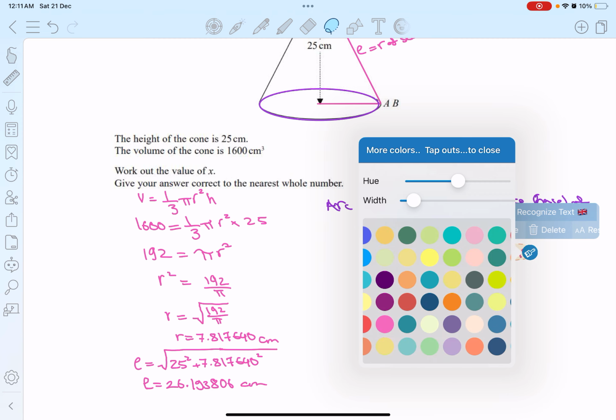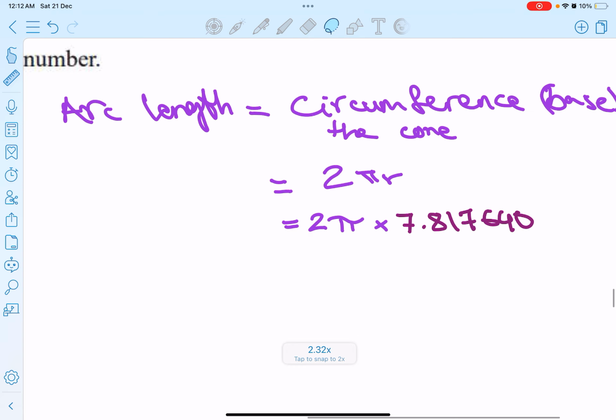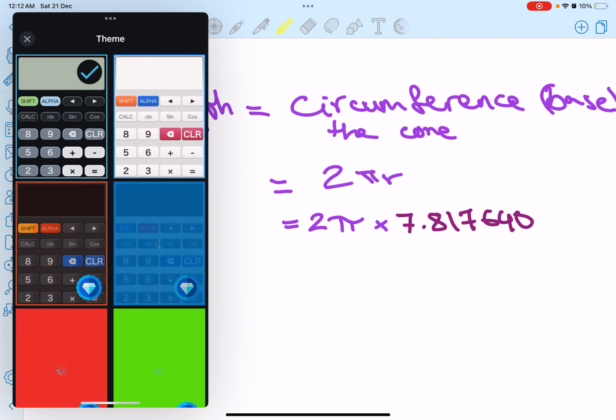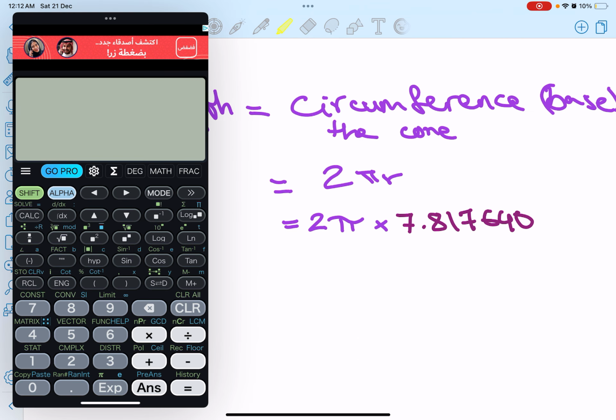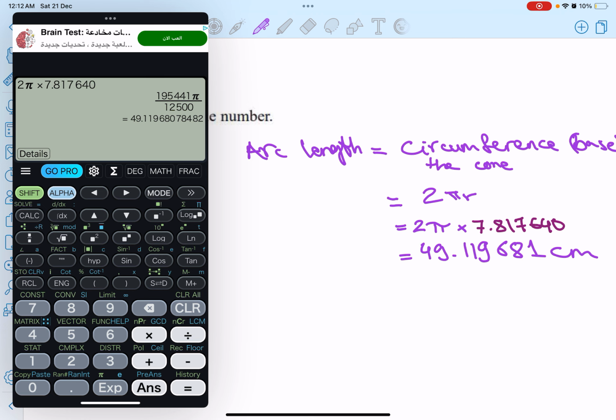Anyways, 2 pi times 7.817640 is going to be 49.119681 centimeters. So like this, I found the arc length, the value of the radius.